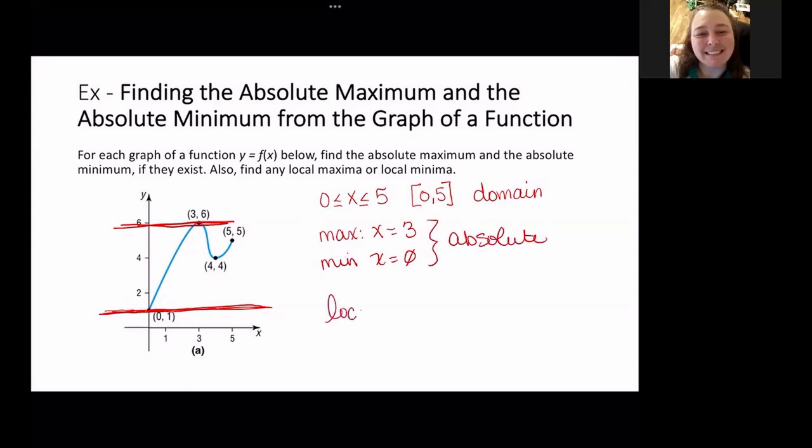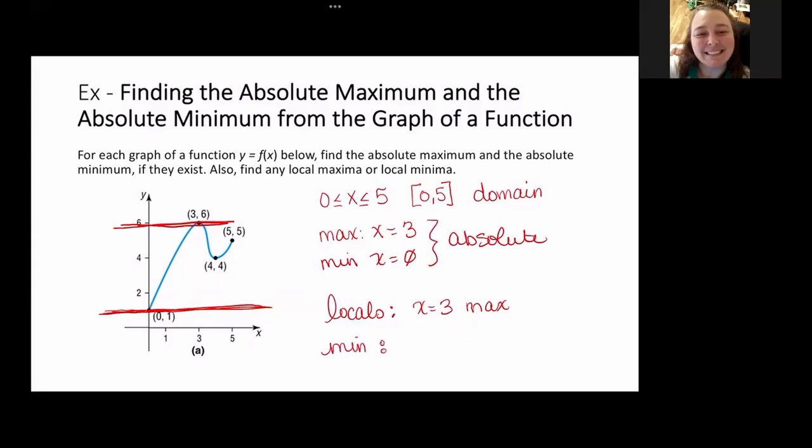Let's look for locals. Okay. We also can say that they are locals as well. X equals 3 is a local max. But where else do we have some minimums? Where do we have a local min?